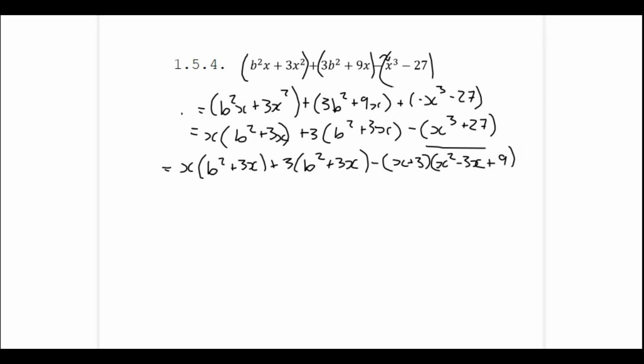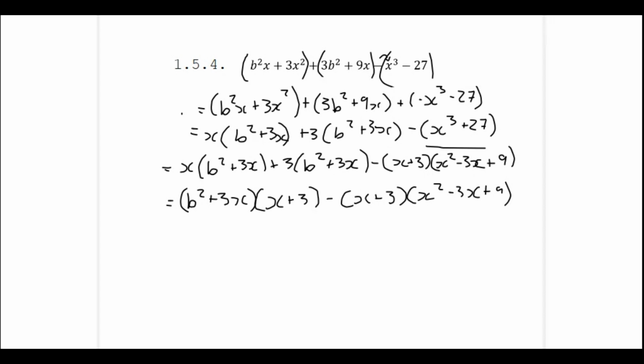And that we can treat as, well, these two we can take out our highest common factor here, so let's try that. If we had b squared plus 3x, taking that out, we had x plus 3 left over, minus x plus 3 bracket, bracket x squared minus 3x plus 9.